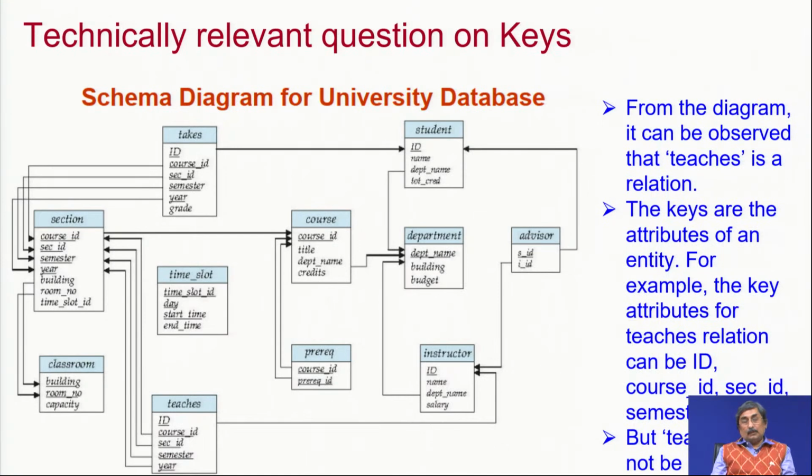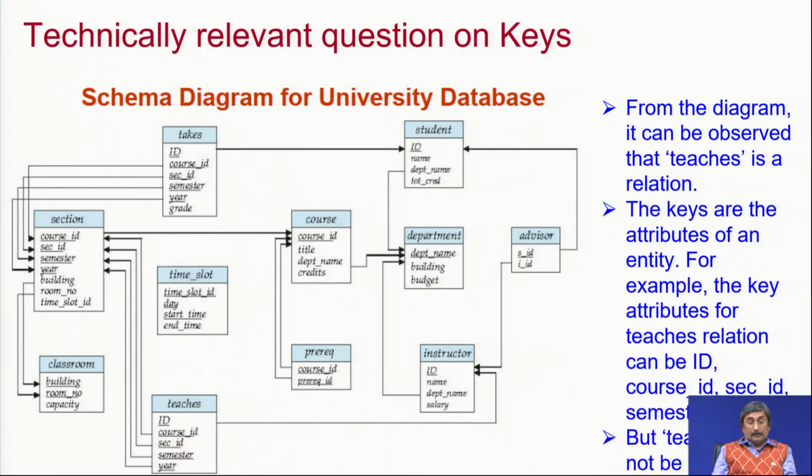This diagram is not an ER diagram, this diagram is called a schema diagram. What are these rectangles? Each of these rectangles is nothing but a table name, a relation, and the contents of these rectangles are the attributes of that table, and the underlined attributes constitute the primary key for that table, right.